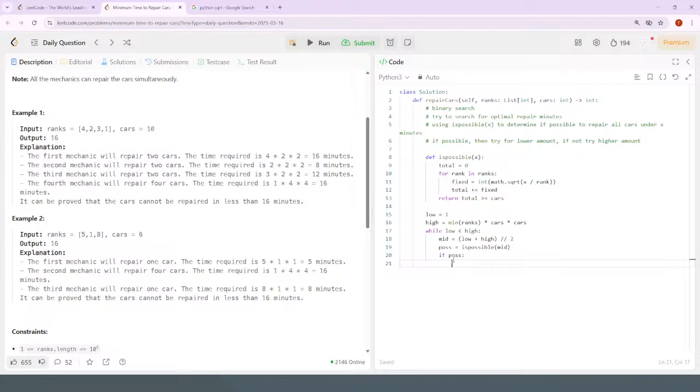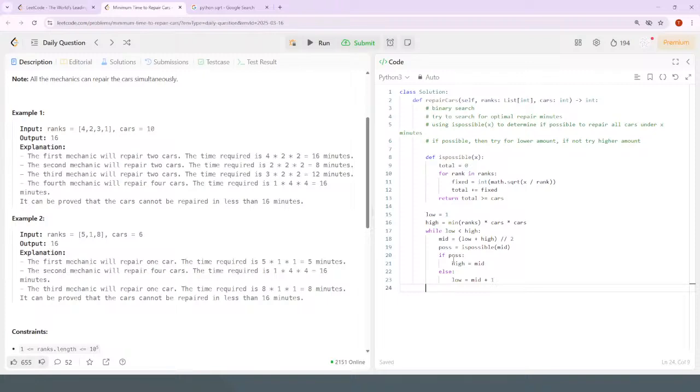So the lower amount means that your high is going to be smaller. High equals mid, sorry. Else you need to increase your low. So you need to bump up how many minutes that you're using.